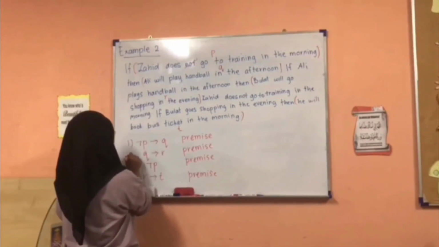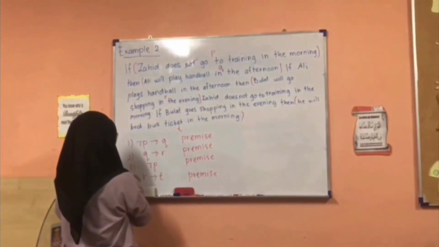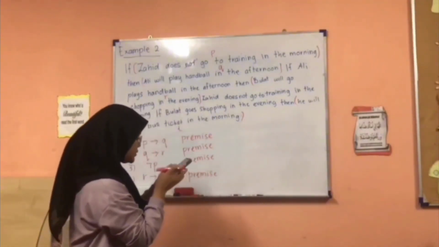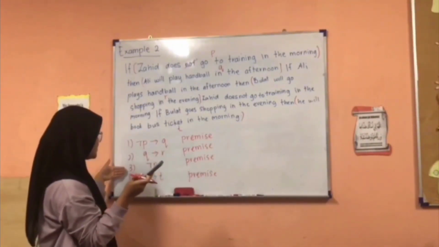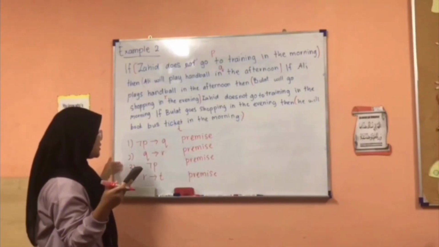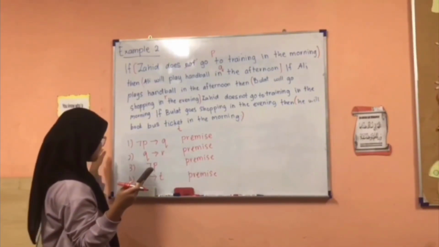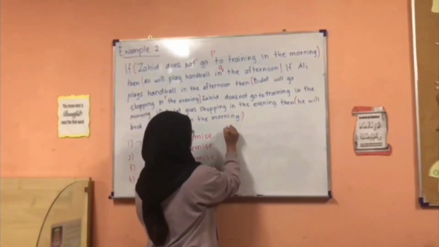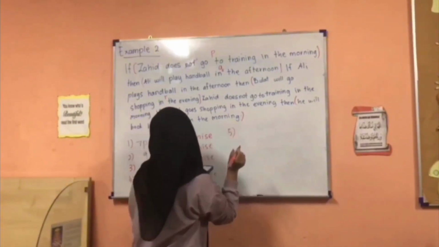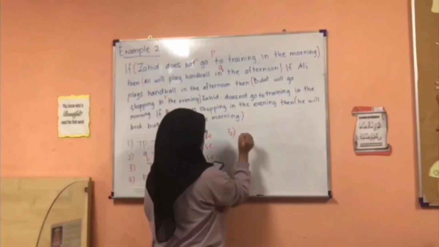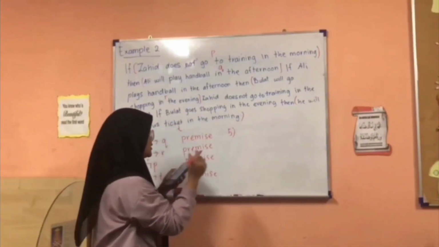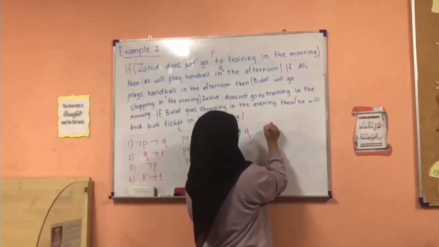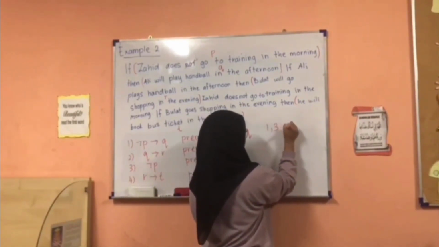So we label them 1, 2, 3, and 4. First, you can look at arguments 1 and 3. You can get Q as your 5th argument. So using modus ponens, you get Q. So the result was from 1, 3 using modus ponens rules.